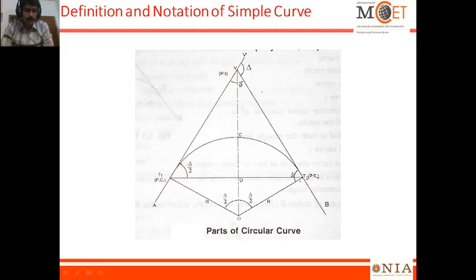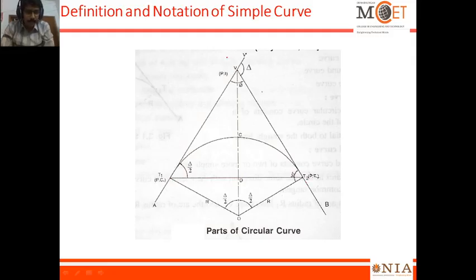These notations are common in most of the references. So this is point of commencement or point of curve T1, and this is point of tangency or T2.